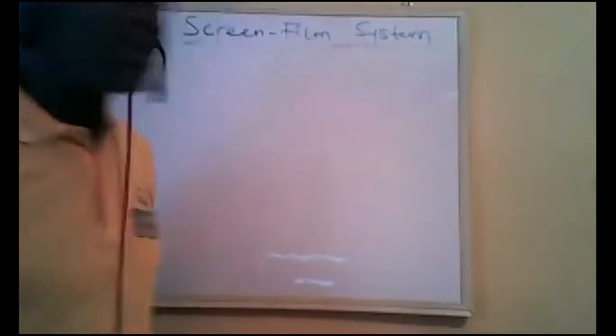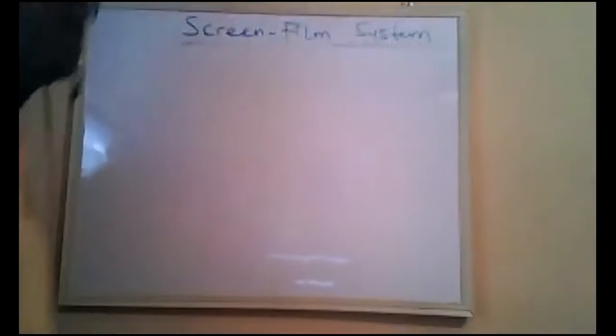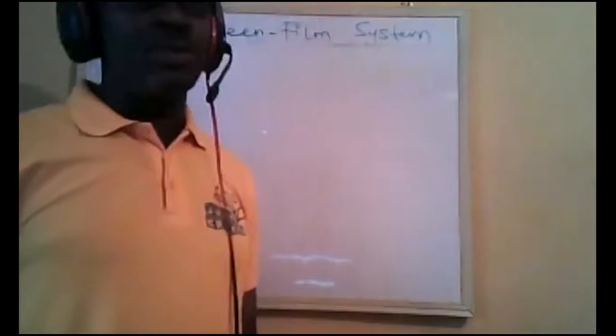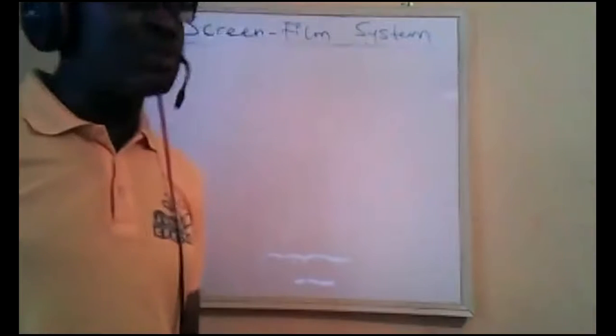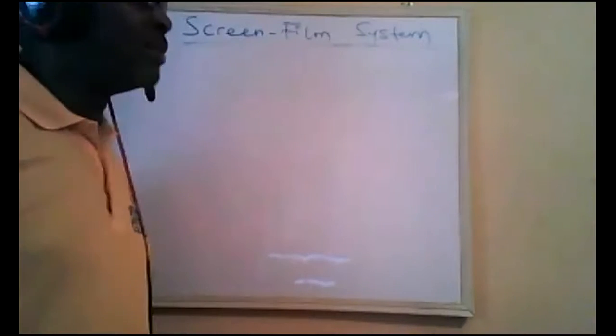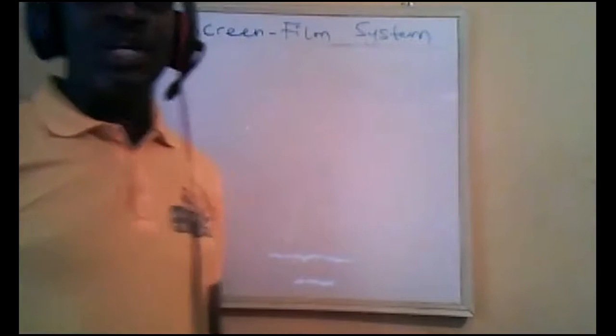So we are going to start with some examples of screens. We have so many types of film that have been developed, that have gone through so many processes, through some developmental stages. At some point in time, there had to be some changes from one film type to the other.